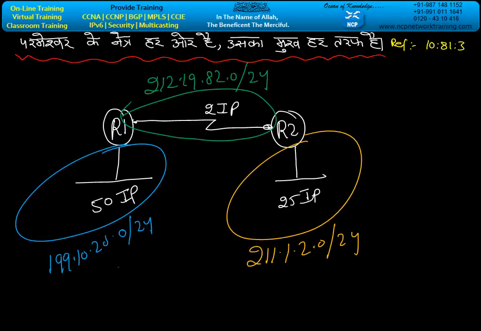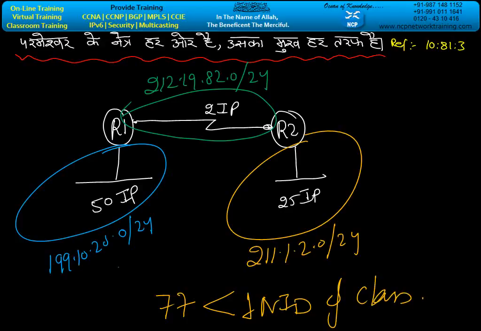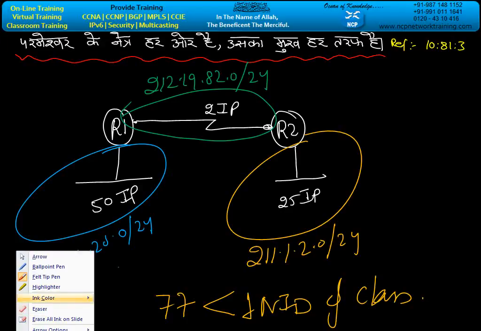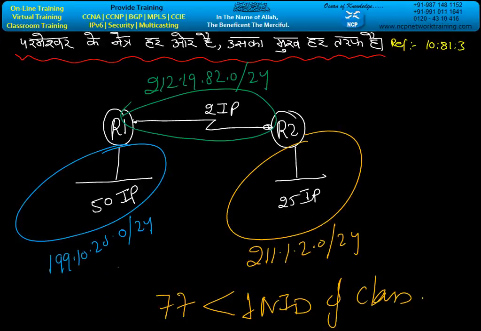Our requirement was 77 IP addresses, less than 1 NID of class C, but due to the lack of technology, because the technology did not exist at that time from 1983 to 1985, we are purchasing 3 NIDs of class C.